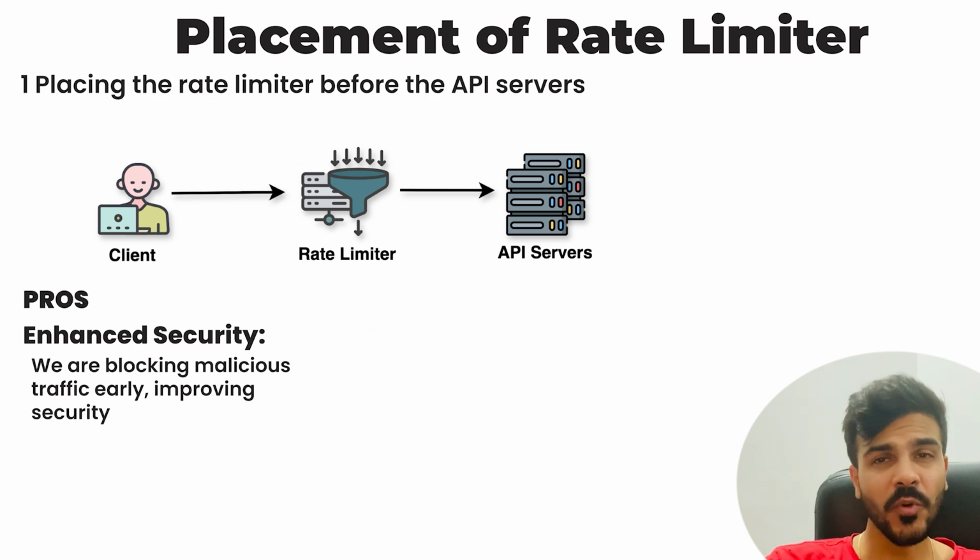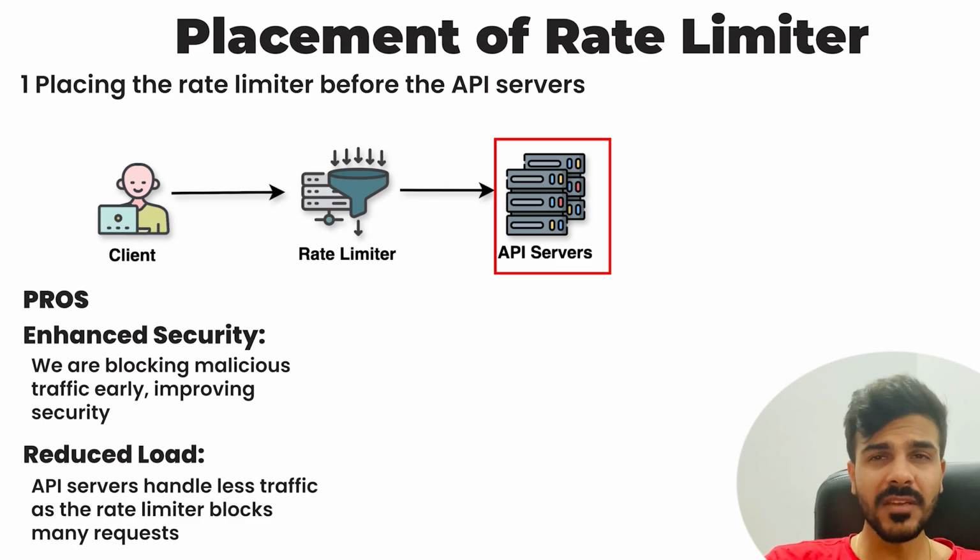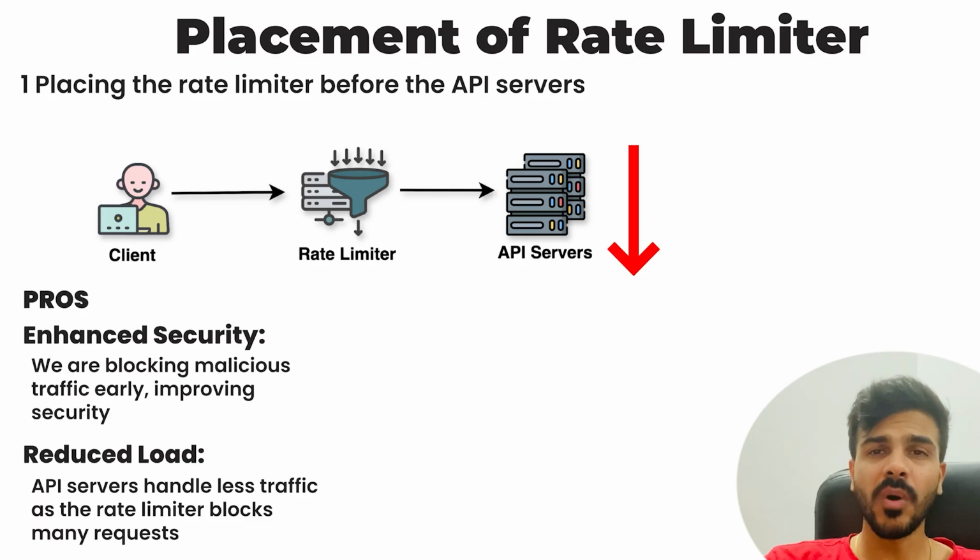This means we have improved the security of our system. Second is reduced load. The API servers will only handle legitimate requests. Therefore, their overall workload would be reduced since some of these illegitimate, extra or malicious requests would be filtered by the rate limiter early on.